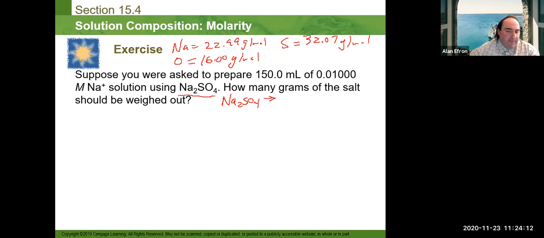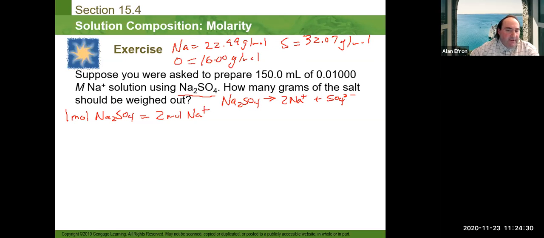When this breaks apart, we get two sodium ions and one sulfate ion. So we can see from that relationship that for every 1 mole of the whole thing, we get 2 moles of just the sodium ions.